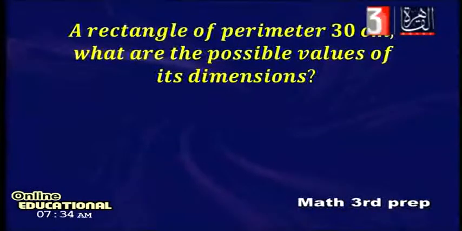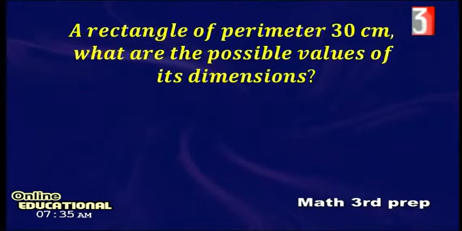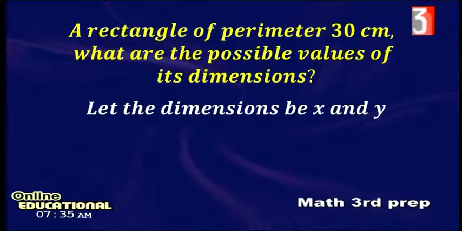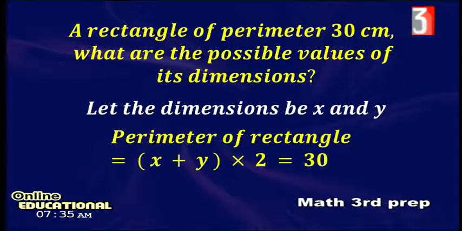First of all, if you have a rectangle of perimeter 30 centimeters, what are the possible values of its dimensions? All of you know that the perimeter of a rectangle is length plus width, times 2. If we let these dimensions be x and y, then the perimeter equals x plus y multiplied by 2, which is equal to 30.